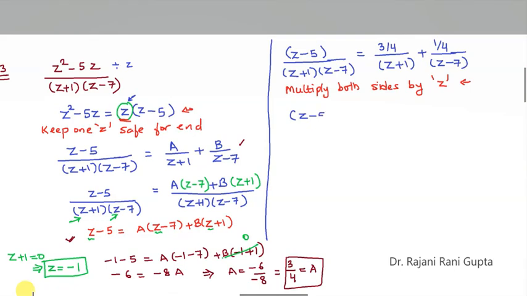Originally you were having z minus 5 divided by z plus 1 z minus 7. You multiplied it with z so that we return back to the original question. Again, this divided by z is not part of the question. This is equal to 3 over 4, as we multiplied with z, z divided by z plus 1, plus 1 over 4, we multiplied with z, divided by z minus 7.